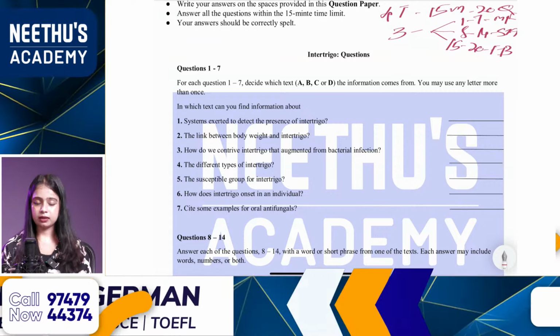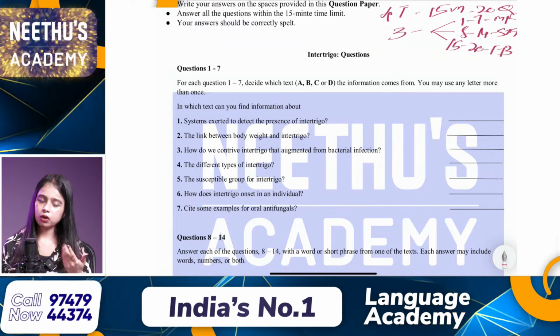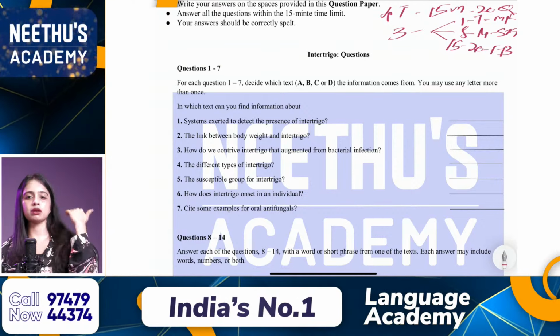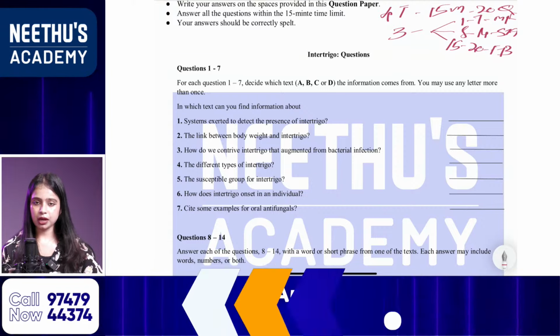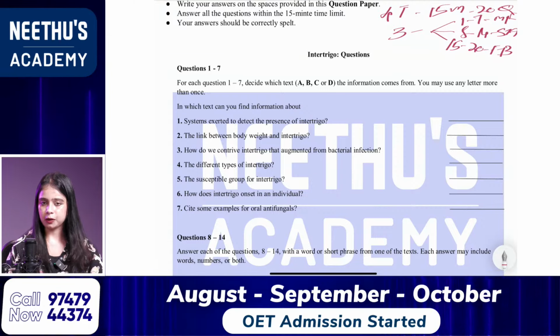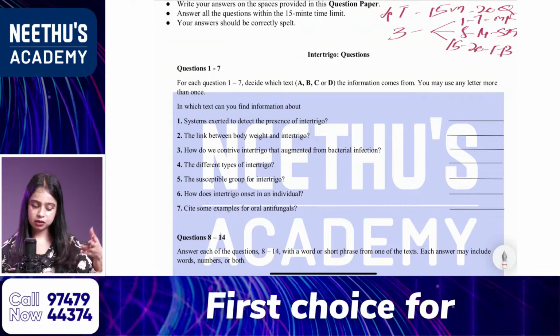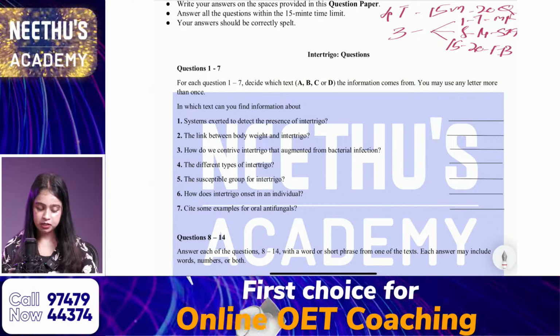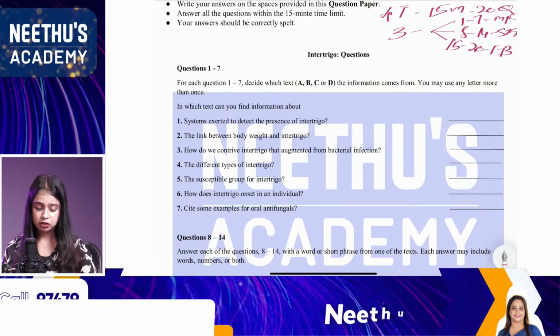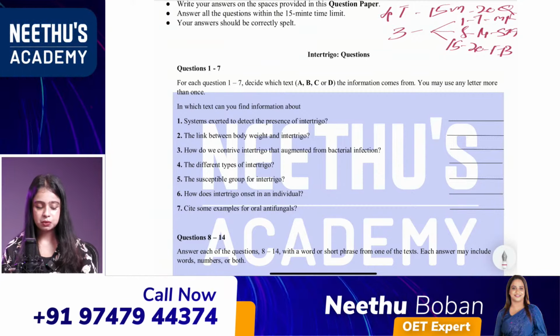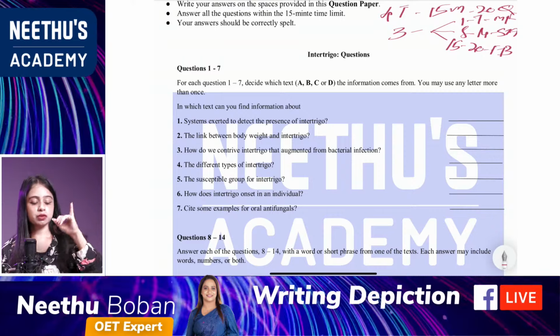Then, for the first set, I have already told you what method you can apply: skimming and scanning. Then you have to underline important keywords. So what are the important keywords? Reba already commented about these, but something is missing, so I'll add it.